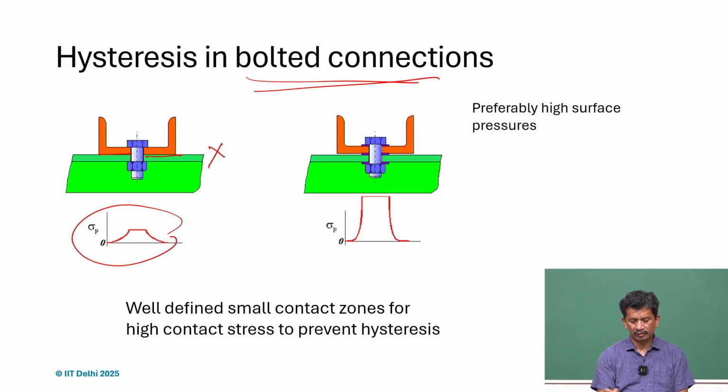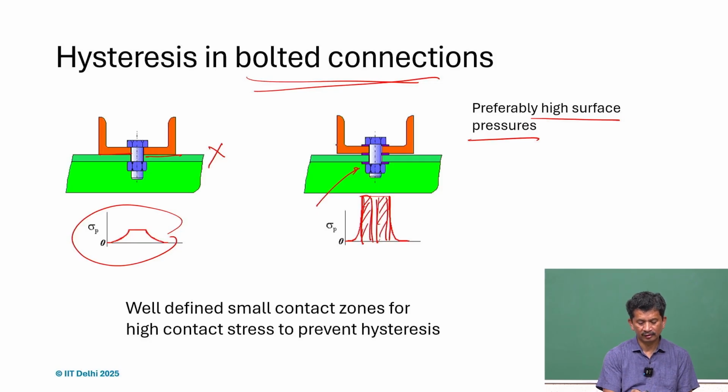What is preferred is high surface pressures, and here you are talking about washers, and then you clamp it so that it's predefined. The stresses are concentrated and defined along the washers, and there is no contact in these regions.